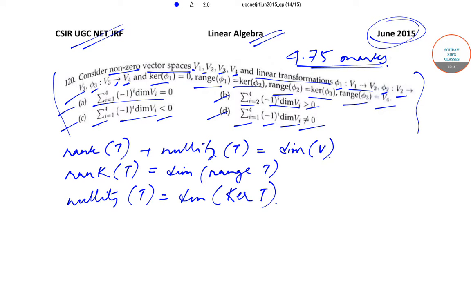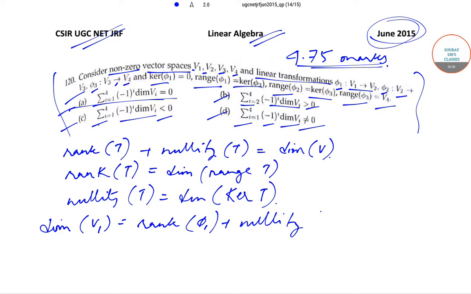So now if we go by option A, dimension of V1 is equal to rank of phi1 plus nullity of phi1.